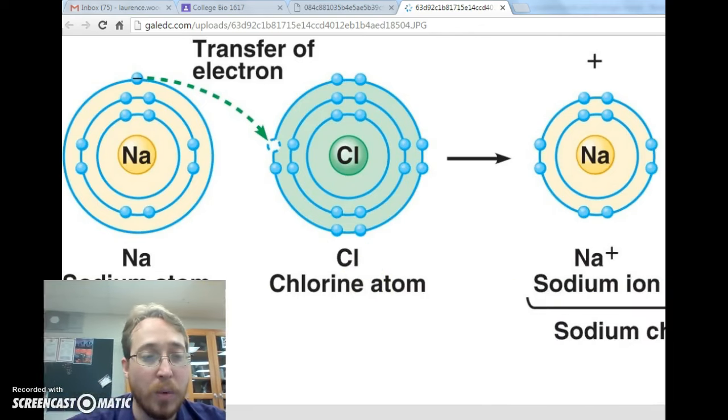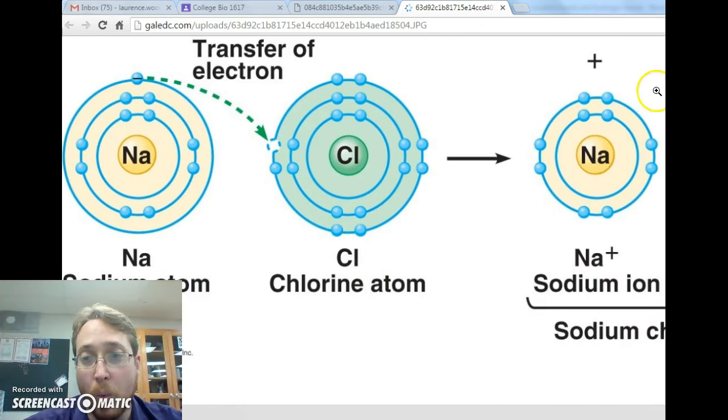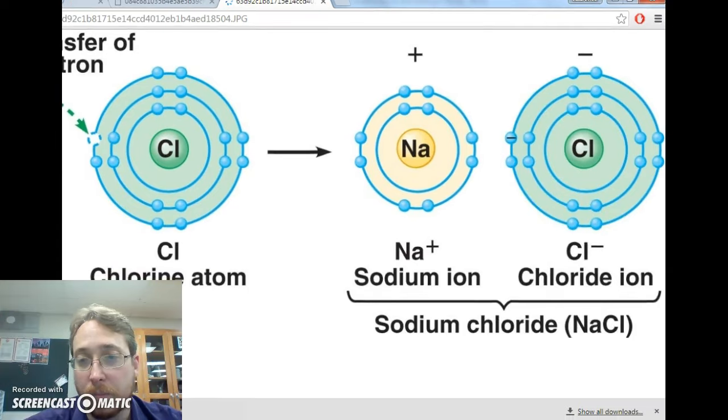Well, what happens when electrons are transferred? Once sodium loses an electron, it has 1 more proton than its number of electrons, so it has a positive 1 charge. And chlorine, now that it's gained an extra electron, has 1 more electron than it has protons, so it has a negative 1 charge.